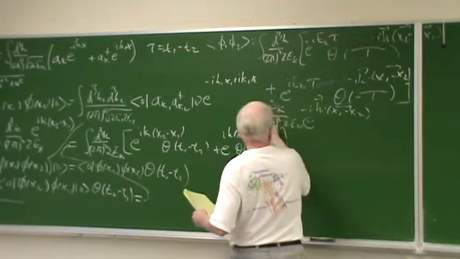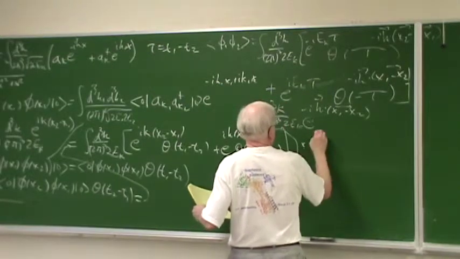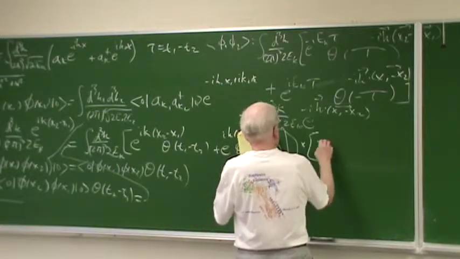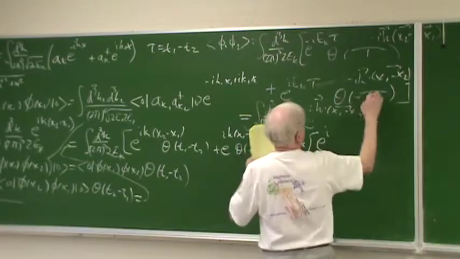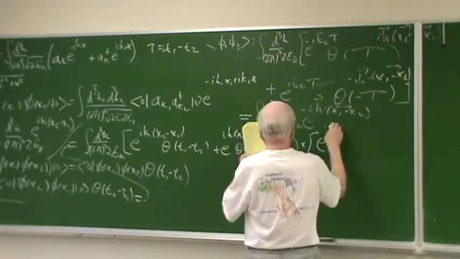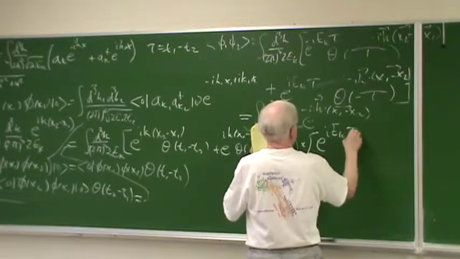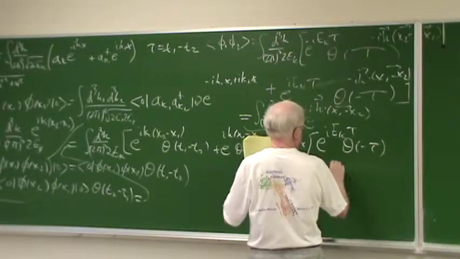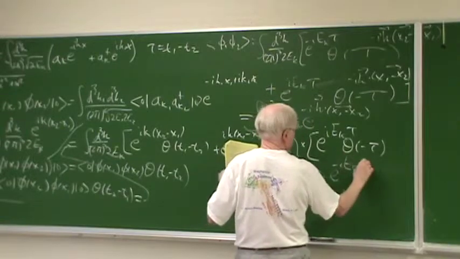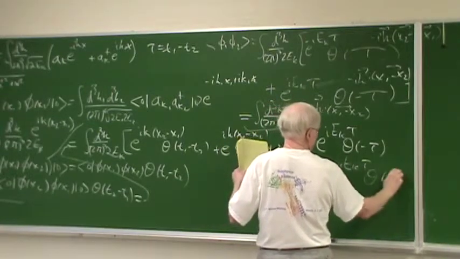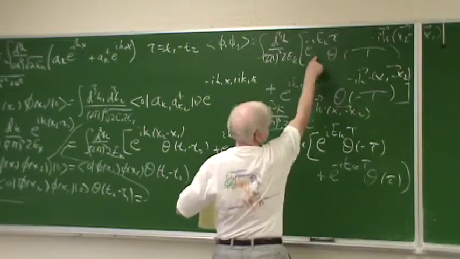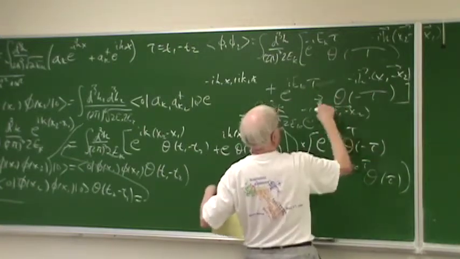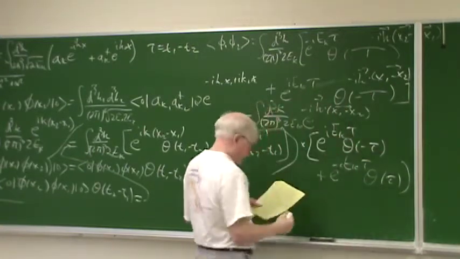And so that is left bracket e to the i, and we're going to do this one first. So it's e to the i e_k tau theta of minus tau plus e to the minus i e_k tau theta of tau. Okay, so this one goes here and that one goes there.